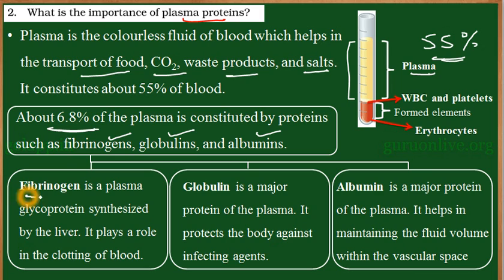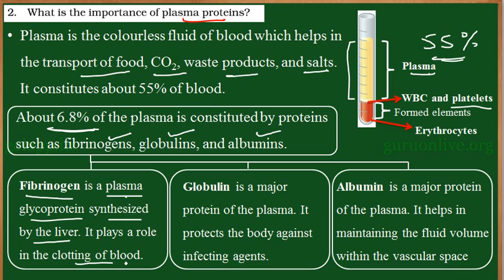First, fibrinogens. These are plasma glycoproteins synthesized in the liver. They play an important role in the clotting of the blood. Along with the platelets, the formed elements, the fibrinogens present in the plasma help in clotting of the blood.